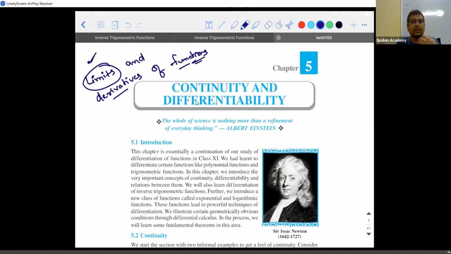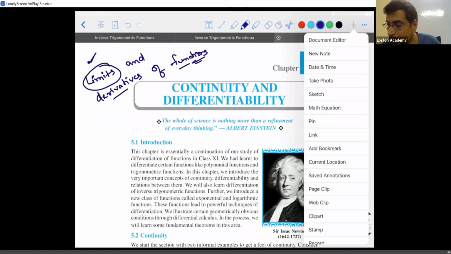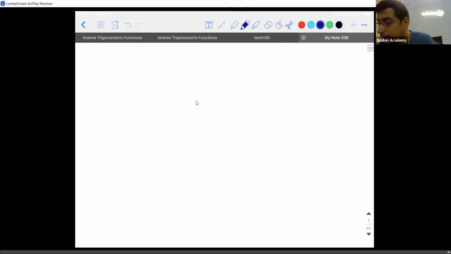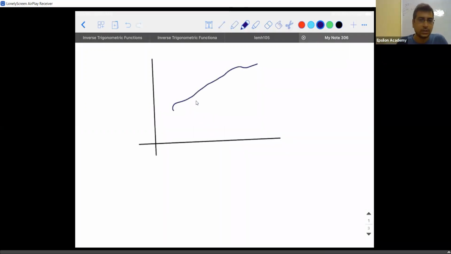By finding the limit of a function, last year you would have learned this, right? If there is a function like this, then if you take a particular point, where do you find the limit? You find the limit at a particular point. Let's say that point is c.